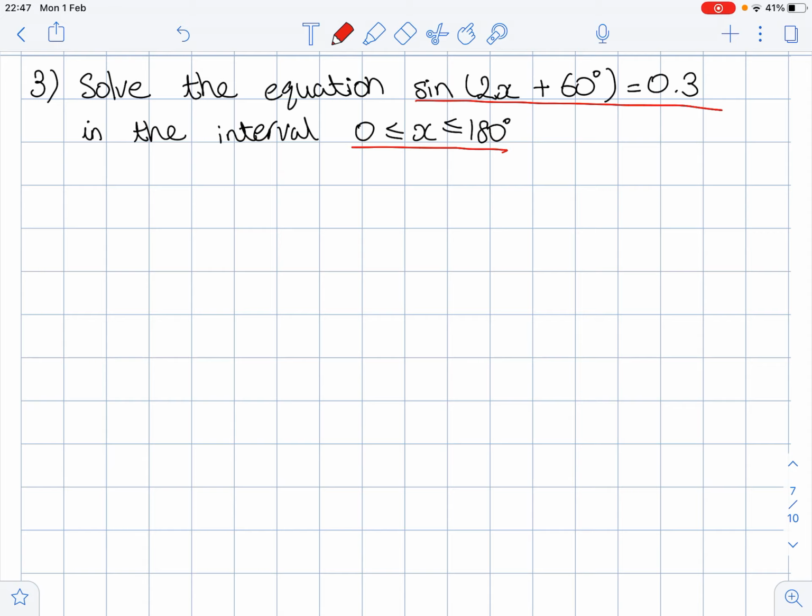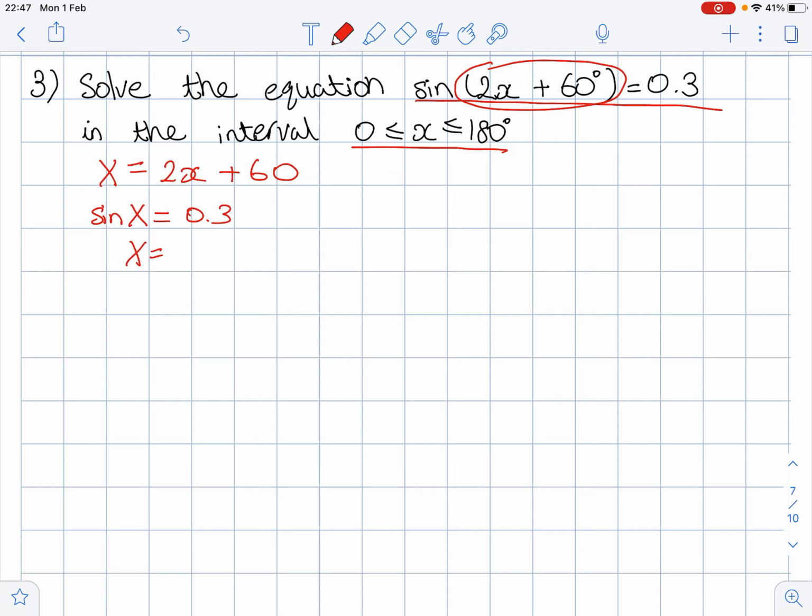So remember step 1, always find your principal value. So in this case, I'm going to use capital X as 2x plus 60. So my X equals 2x plus 60. So I can solve to find the principal value for my X. So I have sin X equals 0.3.